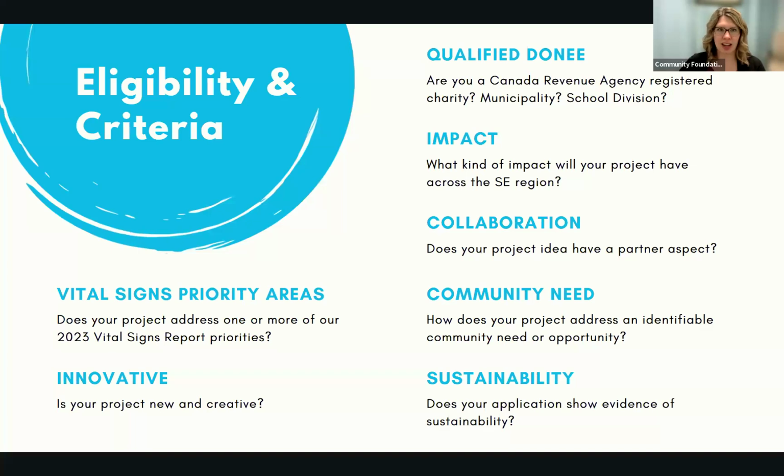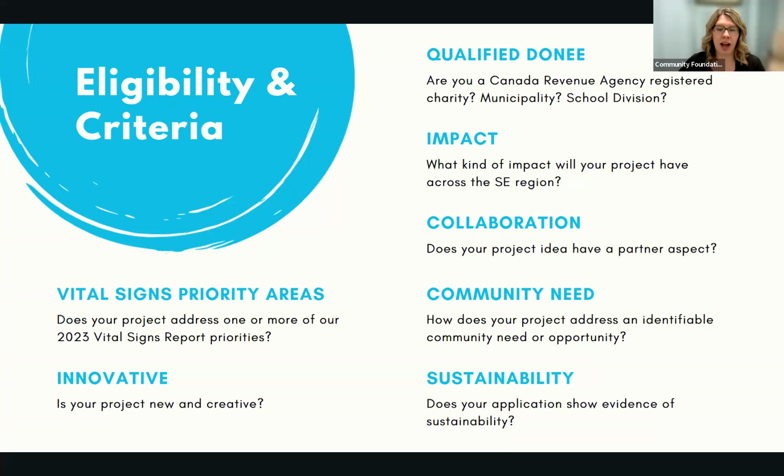All right, so eligibility and criteria. Again, this is all in our grant guidelines, if you want to refer to that as well. For our eligibility and criteria, we, again, have to support a registered charity, and they have to be serving the communities within Southeastern Alberta. So I did see that there was an agency from Calgary on the call today.